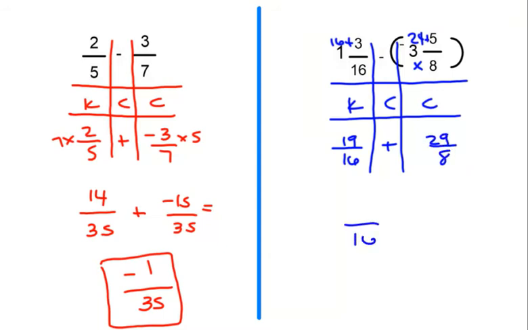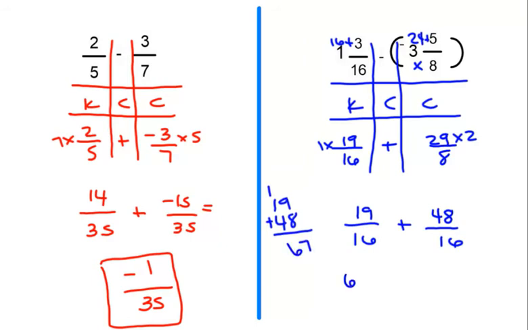So my common denominator is going to be 16. 16 goes into 16 one time. 1 times 19 is 19. 8 goes into 16 two times. 29 times 2 is 58. I have two positive numbers that I'm adding. 19 plus 58 is 77 over 16.